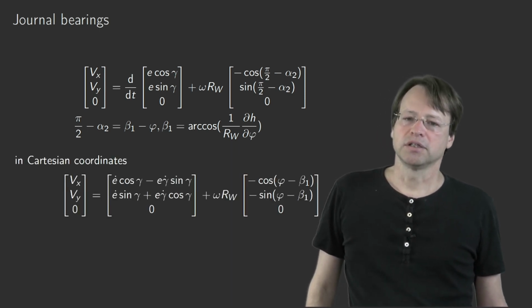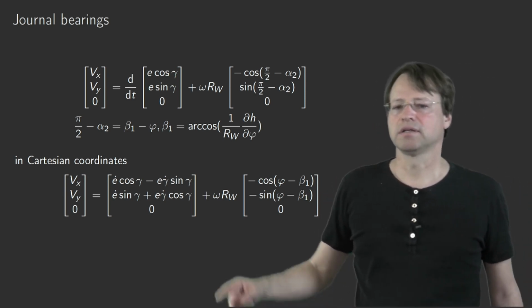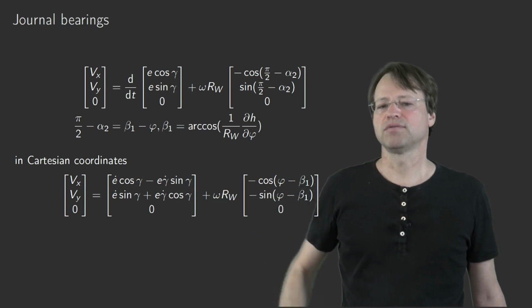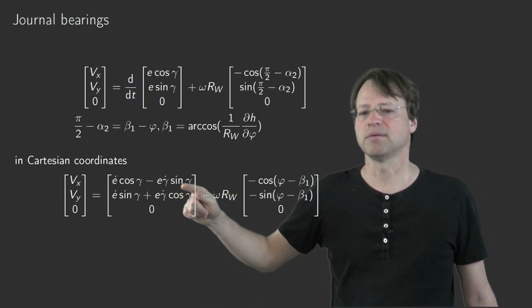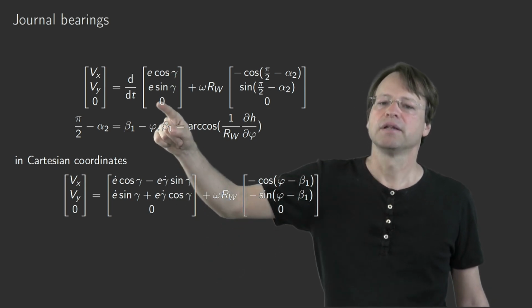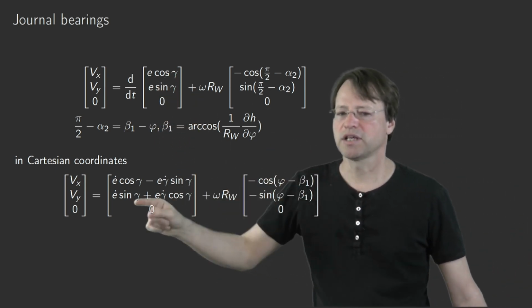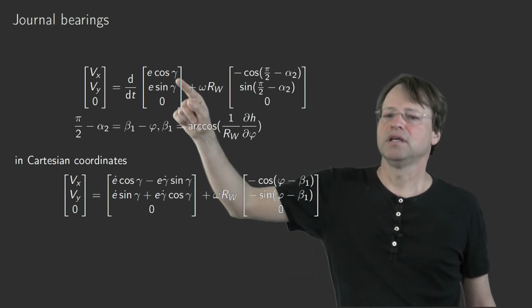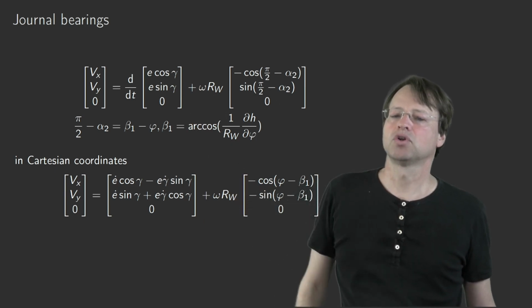So in Cartesian coordinates, we plug in everything we find by taking here the derivative with respect to time, that is E dot cosine gamma minus E gamma dot sine gamma. So keep in mind that both E and gamma are time dependent. In the second row, we find E dot sine gamma plus E gamma dot cosine gamma.